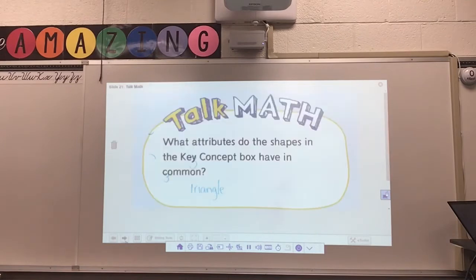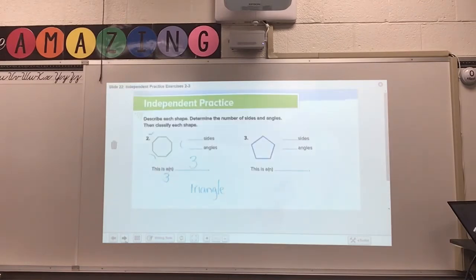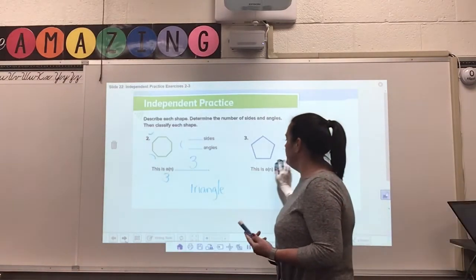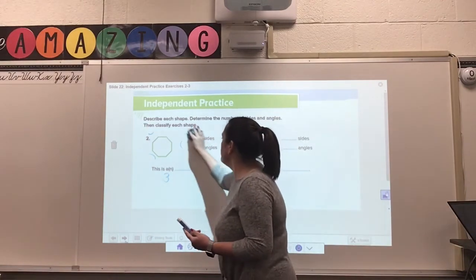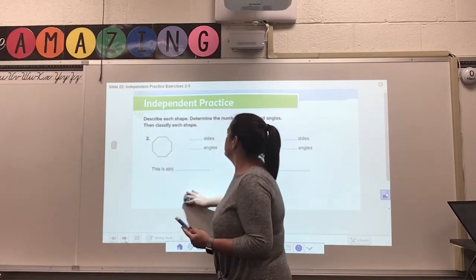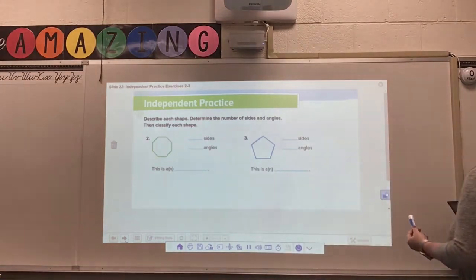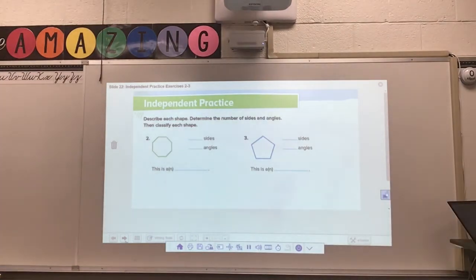Let's take a look at the directions for the independent practice, and then you can work on that on your own. For the independent practice, the first couple are very similar to the guided practice.